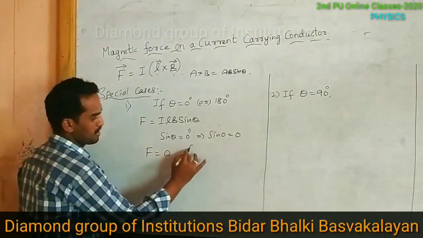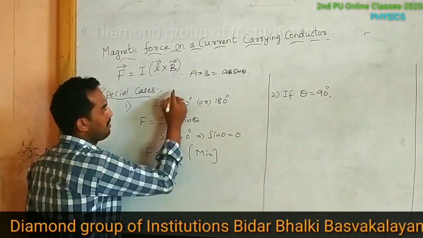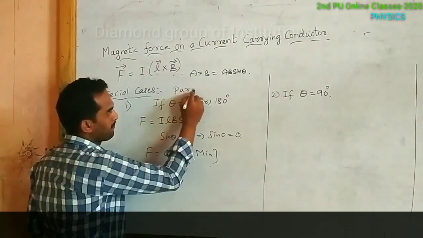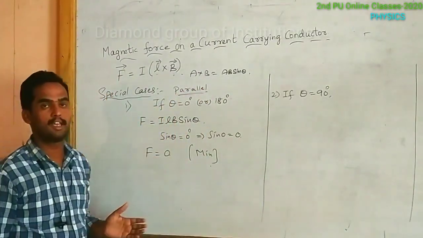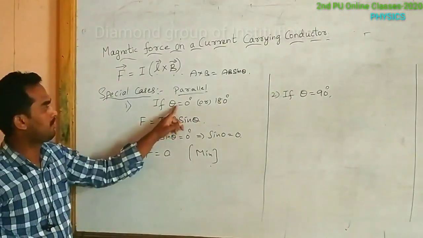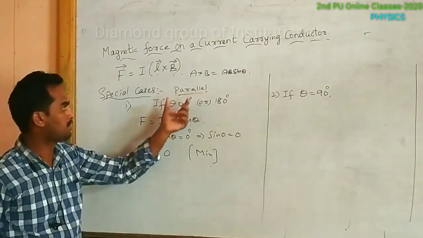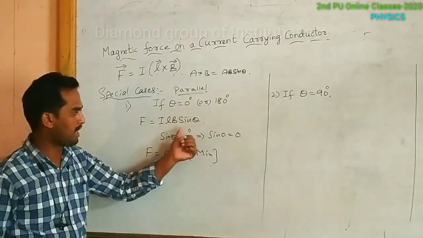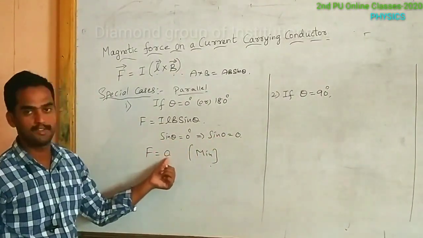That means the force will be minimum when they are parallel. Hence there is no force experienced on the conductor, because theta equal to 0 or 180 degrees indicates that both are parallel. Parallel means 0 degrees, sin 0 becomes 0, and the force on the conductor will be 0.